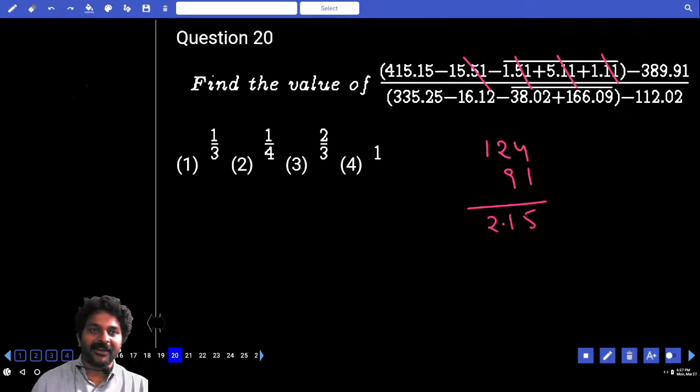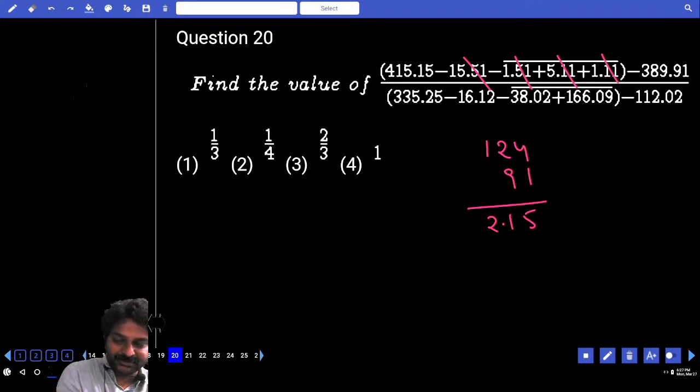So the 2.15 must be added to 411. Then it becomes 413.15, subtracted from 415.15. How much is that?